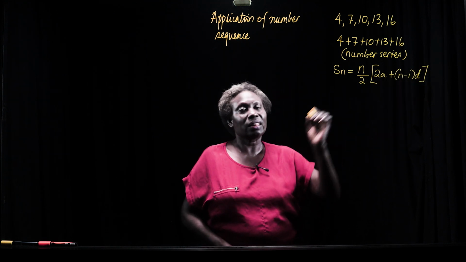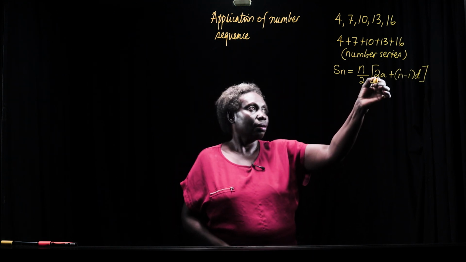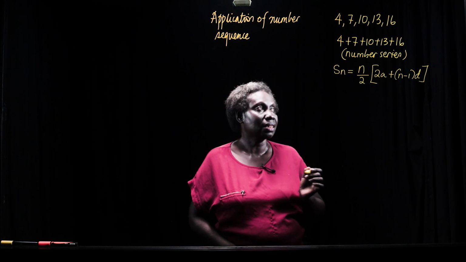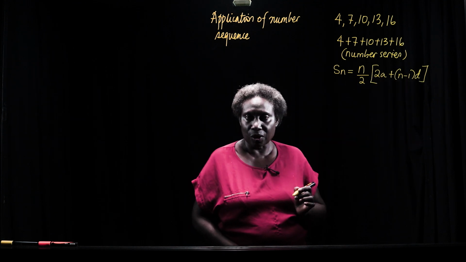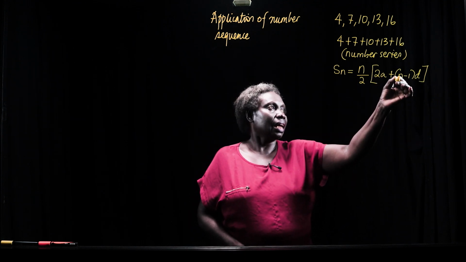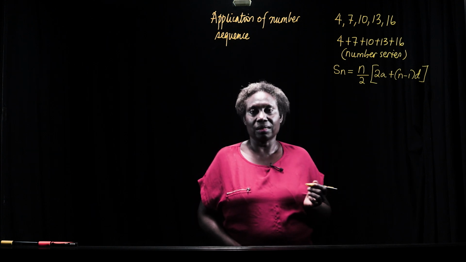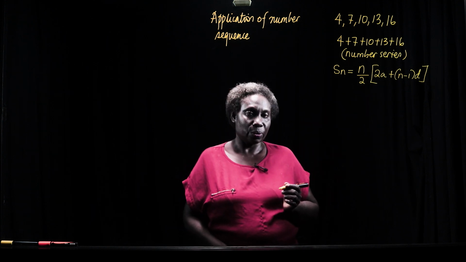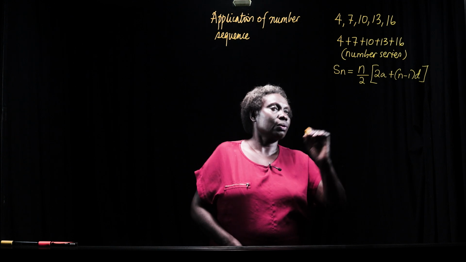Okay? We know what a is. A is the first term in a number sequence. D is the common difference. And n is the number of terms in a number sequence. So, let's look at an example.